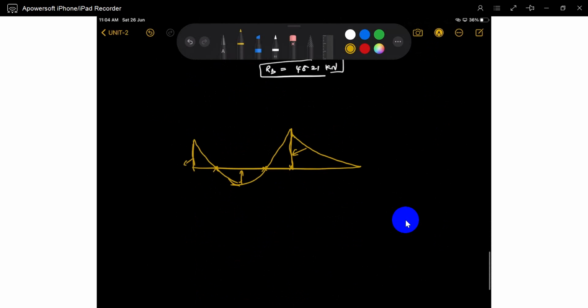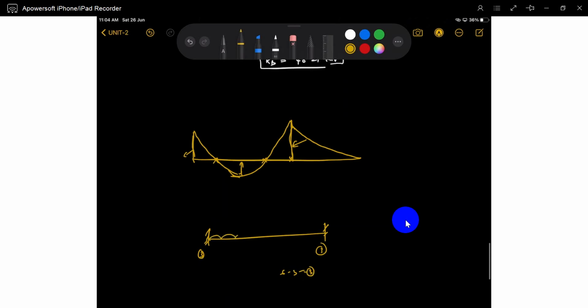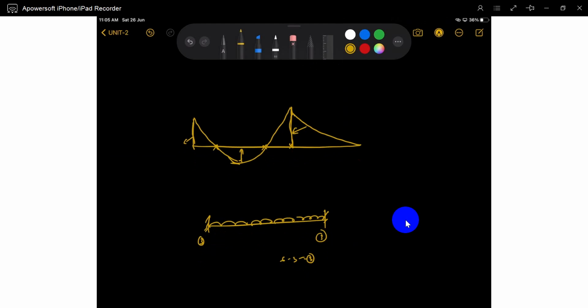If you take only vertical load, not horizontal load, there is one vertical reaction and one moment at each support, so 4 unknowns. The equilibrium equations are 2: Fy equal to 0 and M equal to 0. So 4 minus 2, we require 2 extra equations.